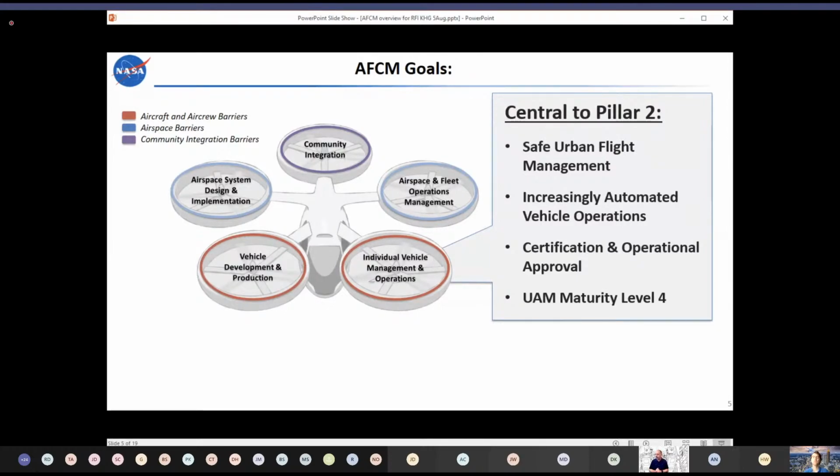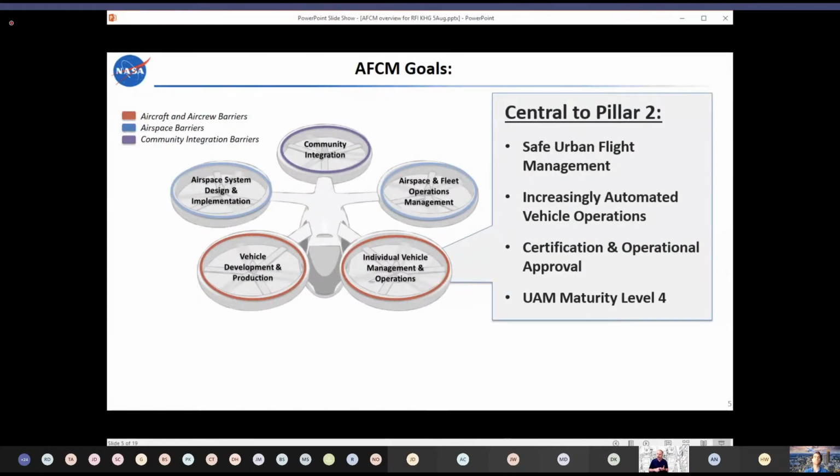And this is motivated by increasing the scalability of the system in terms of reducing the specialized skills and knowledge required to be a pilot. And I should say, when I'm using the term pilot, at the UML4 level, we still expect there to be a dedicated pilot in command for each vehicle, but that pilot may be on or off board.